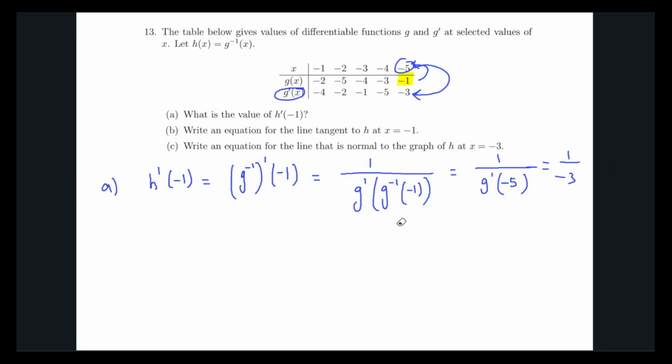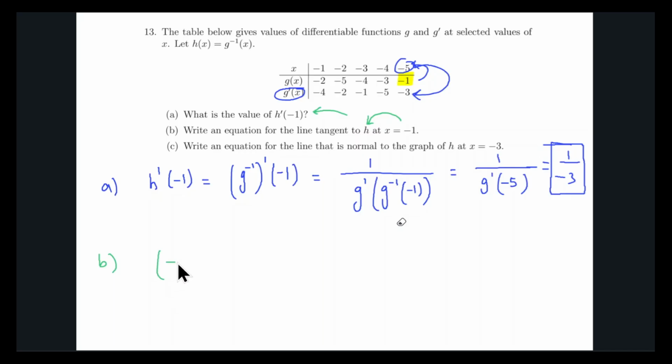Likewise, over here we have, what is the equation of the tangent line to h at negative 1? Now be careful. Tangent line at negative 1 means, once again, the negative 1 point is on the inverse. And we already have its slope. The slope is negative 1 over 3.